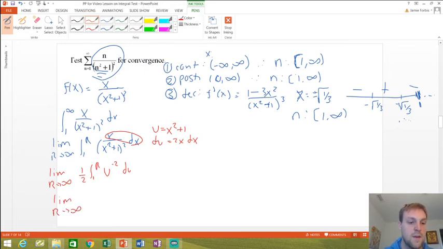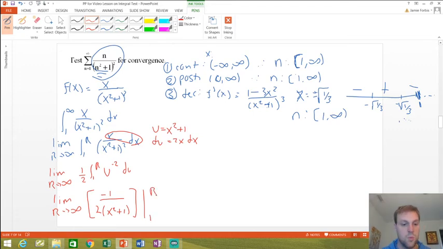We've already got the 1/2 there, so it's going to be negative 1 over u times 1/2, so I'm going to have 2 down here for the 1/2, and u is just equal to x squared plus 1. You could have done u bounds there, I didn't, but I could have, from 1 to r.